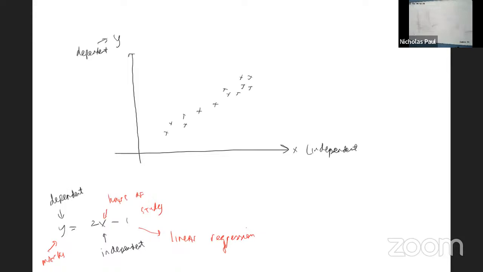When your data looks something like that, does anybody remember from normal maths what type of relationship that is? Anybody?